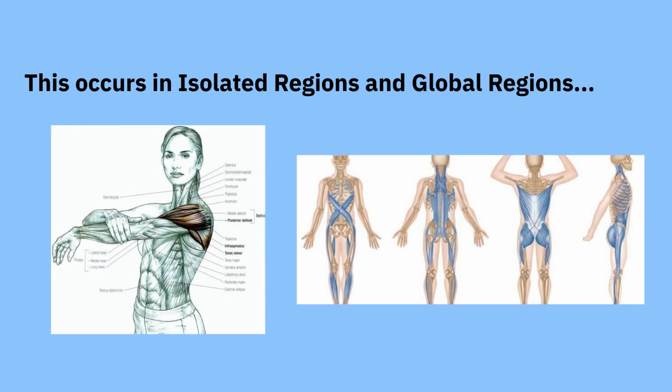So, this can be in an isolated region, like in the picture on the left, where the woman is going into what would be considered a shoulder stretch or sometimes a tricep stretch, in that the range of motion from the muscles or the joint itself isn't allowing her to get all the way across her body because of tightness or tension in the musculoskeletal system. So that's occurring just at the shoulder.